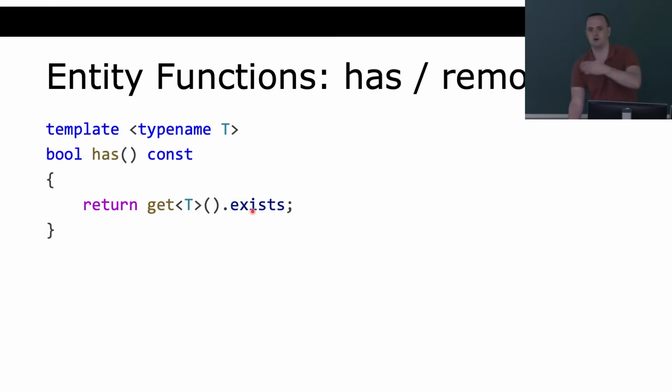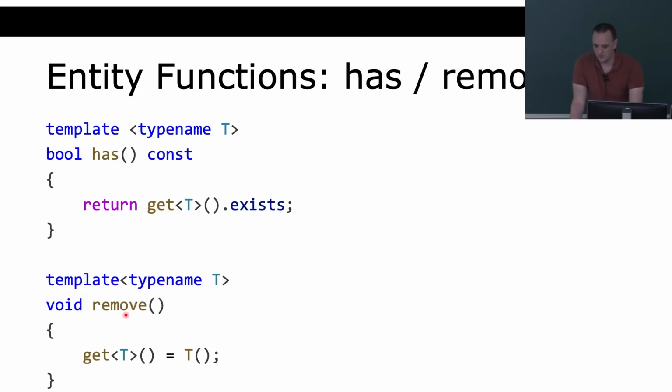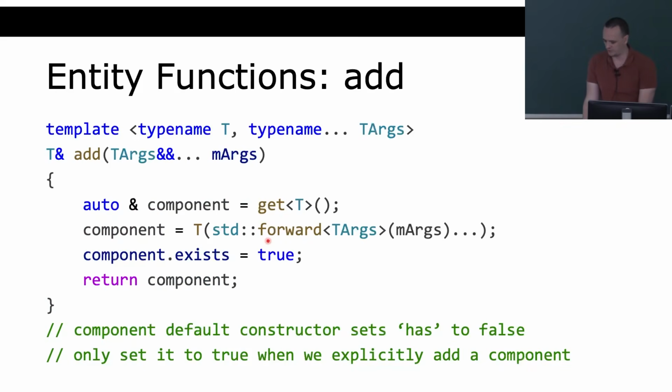So that's if we know, does this entity have this other thing? Remove is super easy. Remove, we just default construct the thing. So we just blank it. And by blanking it, that exists gets set back to false, and so has will return false when we check has, right? So it's really easy to remove something. Add component, that's the most complex thing.